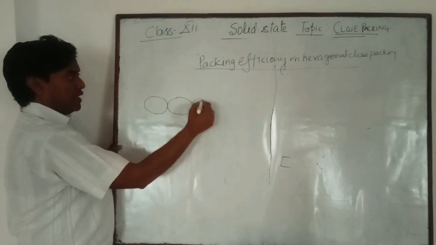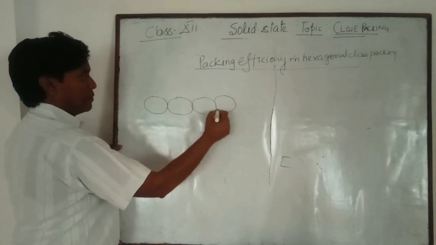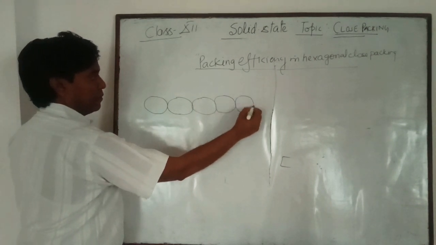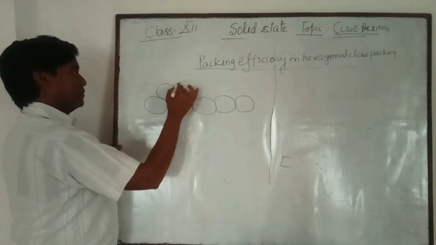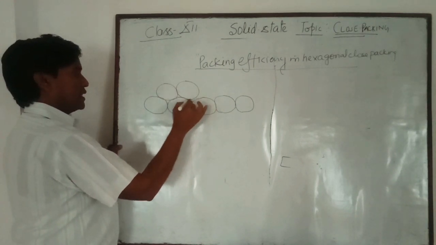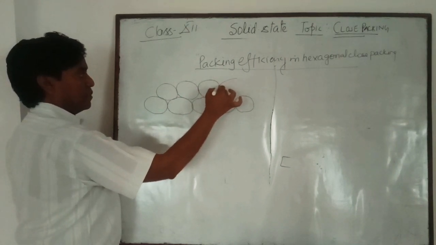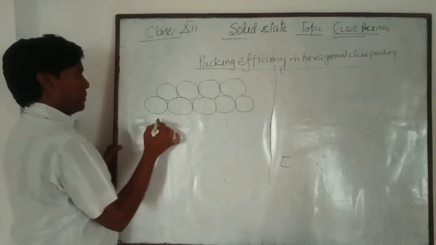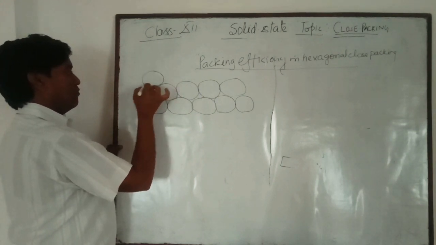These are the close spheres. And then in the depression a second particle is there, and that is a fourth row.